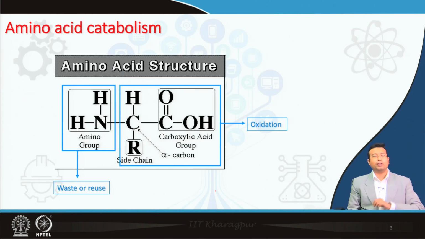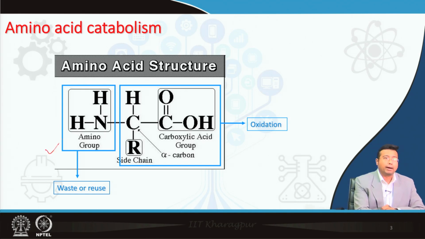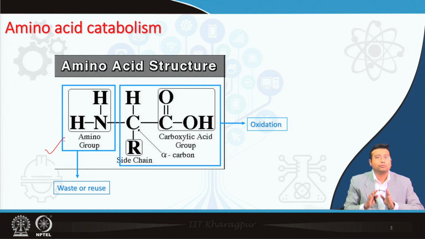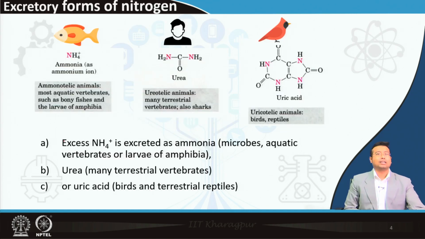All right. So, when we are dealing with amino acid catabolism, we have already discussed that there are multiple steps in removal of the amino group, and the rest of the carbon skeleton is metabolized in its own way, which we will deal with in the individual amino acid metabolism chapters. Now, we should all know that depending on the class of animals, the nitrogen excreted form is different. For fishes and aquatic invertebrates, mainly microbes, it is direct ammonia or ammonium ion, that is, ammonia dissolved in water.